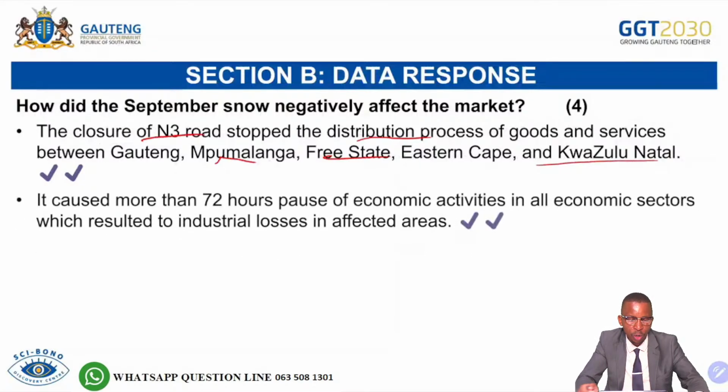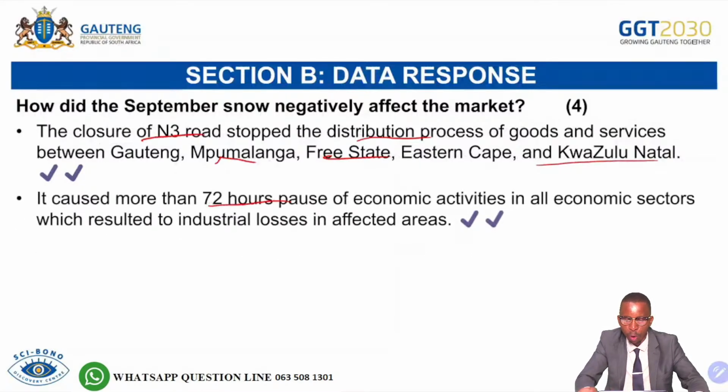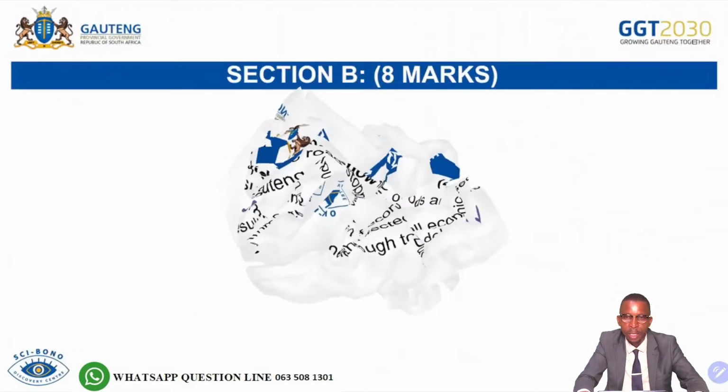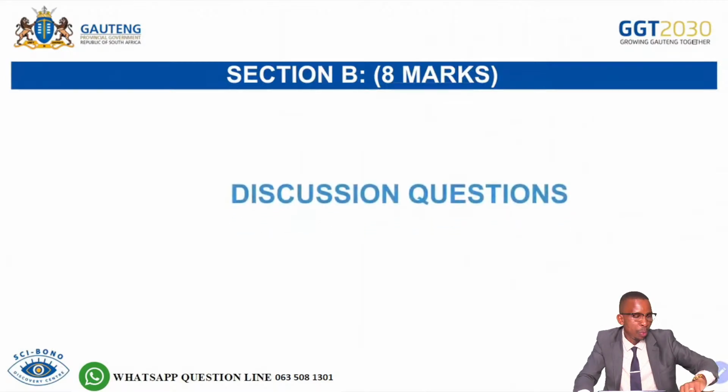It also caused more than 72 hours pause in economic activities in all economic sectors, which resulted in industrial losses in affected areas. Exports from Gauteng channeled through Durban port were delayed, and imports received through Durban port to Gauteng were also delayed.